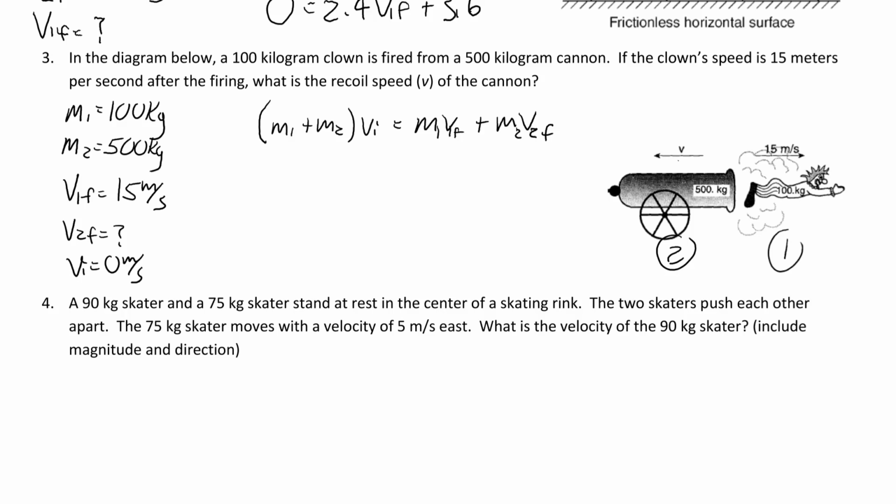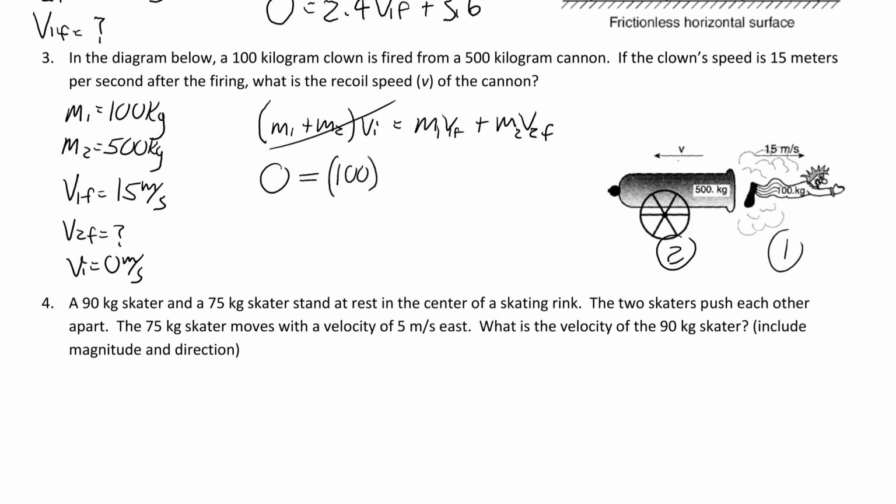Most of the time, it's not going to be moving initially, so your total momentum for the system is going to be 0 pretty much every time, unless the cannon is rolling initially, then you have some initial momentum to work with. But it's still the same process.